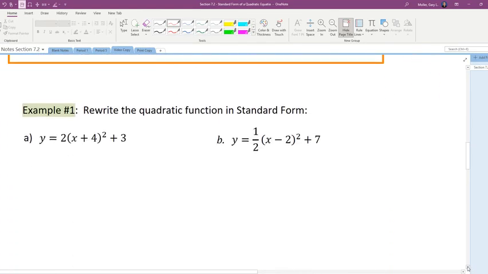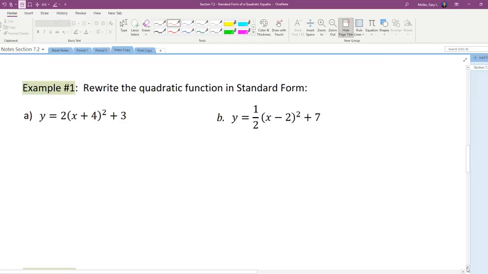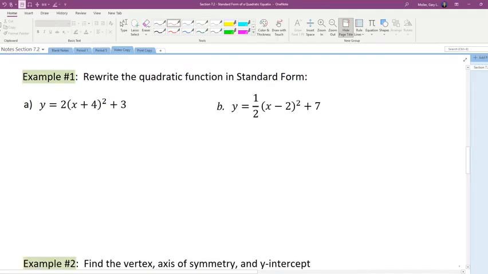All right, example 1. First of all, these are in vertex form. Let's turn them into standard form. So in other words, we're going to now just do the math that this says. So x plus 4, the quantity squared, we should remember is x plus 4 times x plus 4, which is not just squaring the x and squaring the 4.